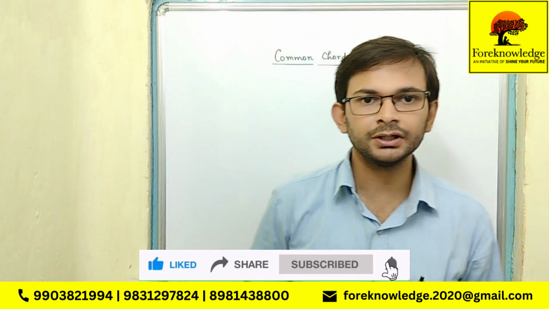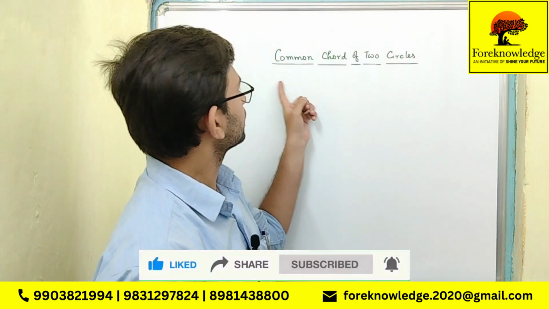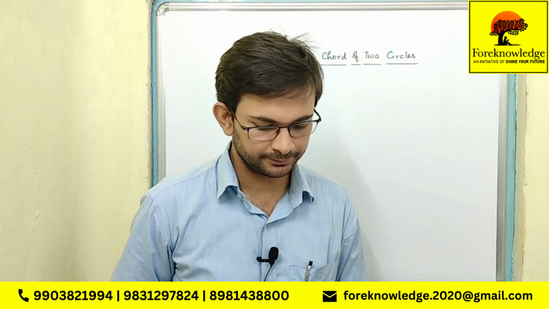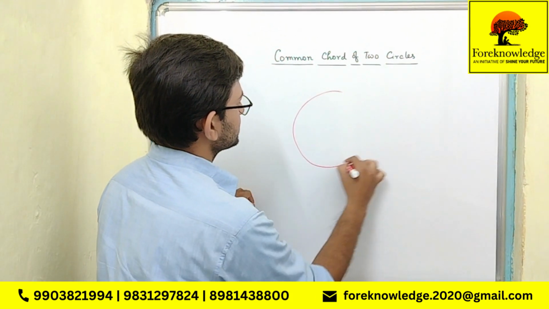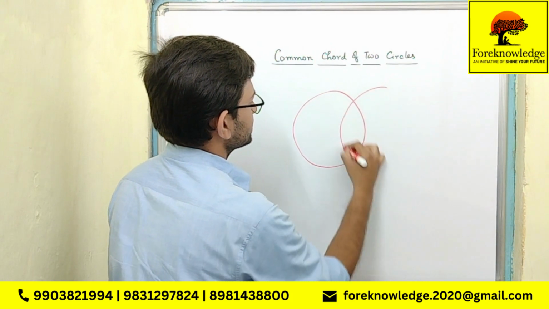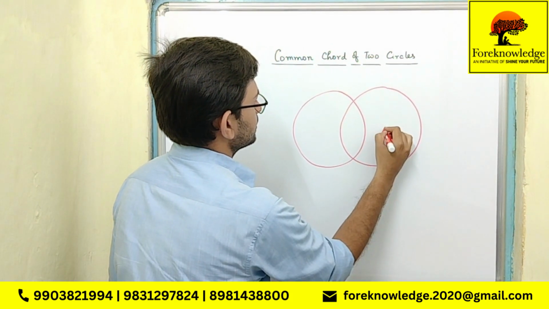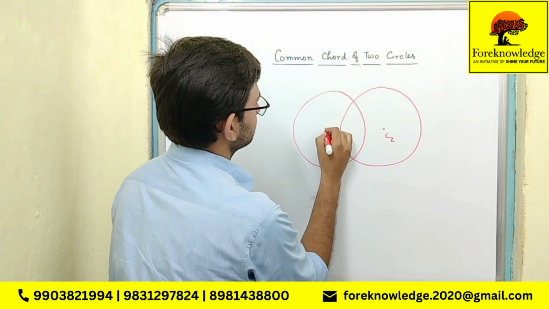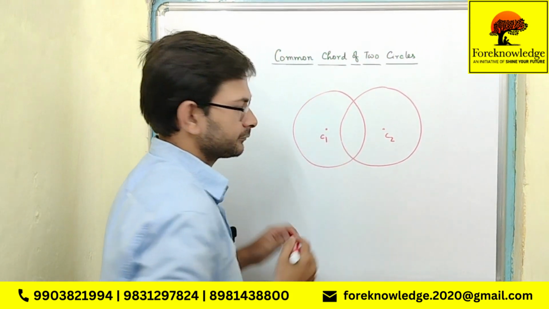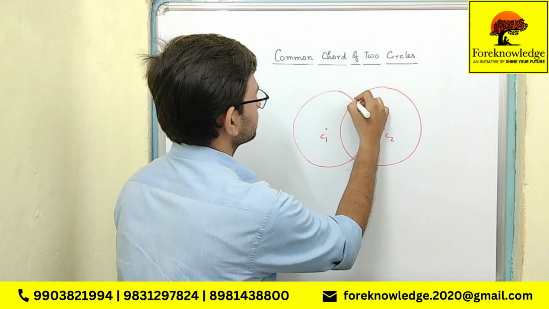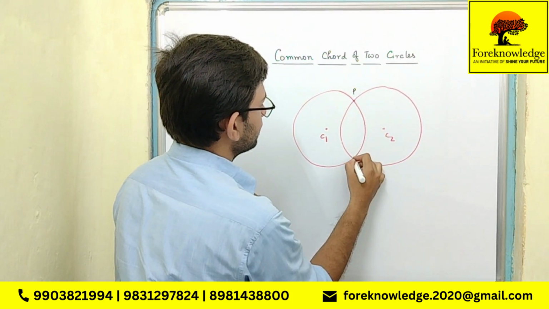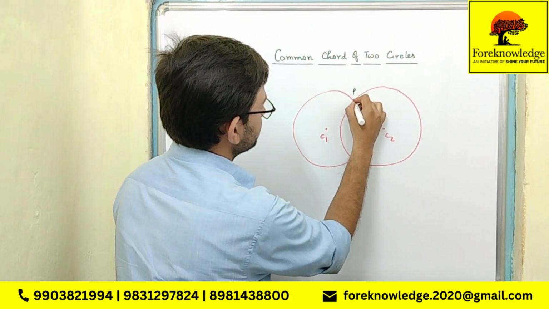In this session, we are going to discuss the common chord of two circles. So, what is this case? Suppose we have circle 1 and circle 2. This is C2, this is C1. These circles intersect each other at 2 points, P and Q. Join this PQ.